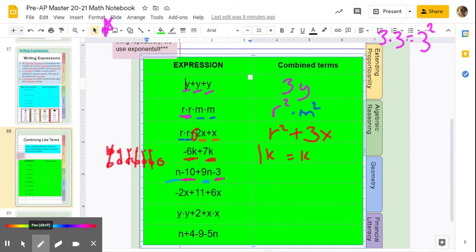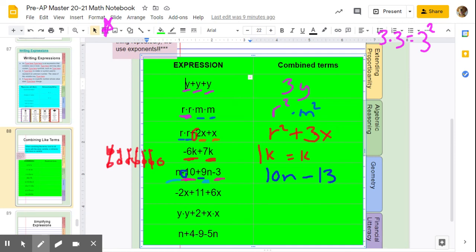If we're looking at just the n's, we have one n up here by itself, and then 9 n's back here, and they're being added because of this plus sign. So 1 plus 9 is 10 n's. And then with our plain numbers, we have minus 10, so keep this negative sign with it. So minus 10 and minus 3. If I have minus 10, minus 3 more, that would mean I have minus 13. So all I did was combine those together.